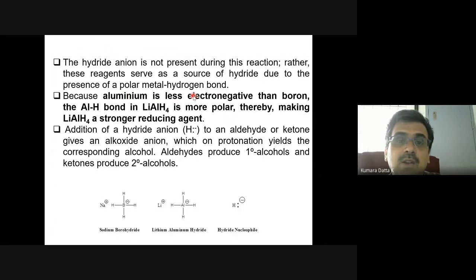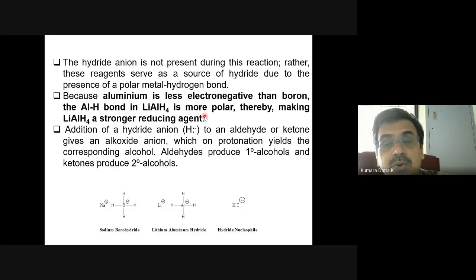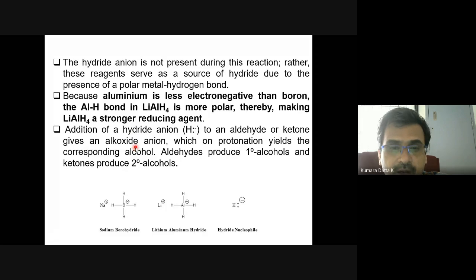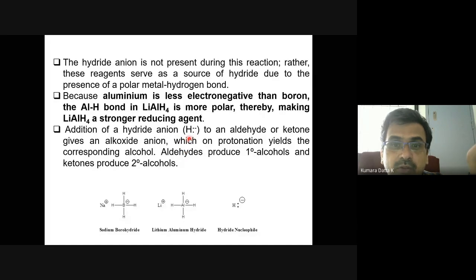Also, aluminum is less electronegative than boron because we are moving down the group, and the aluminum-hydrogen bond, especially in lithium aluminum hydride, is more polar. Due to this it is a stronger reducing agent than sodium borohydride. That is the reason we get the H minus ion very quickly. In both cases we get it quickly, but the reducing power of lithium aluminum hydride is very strong as compared to sodium borohydride.